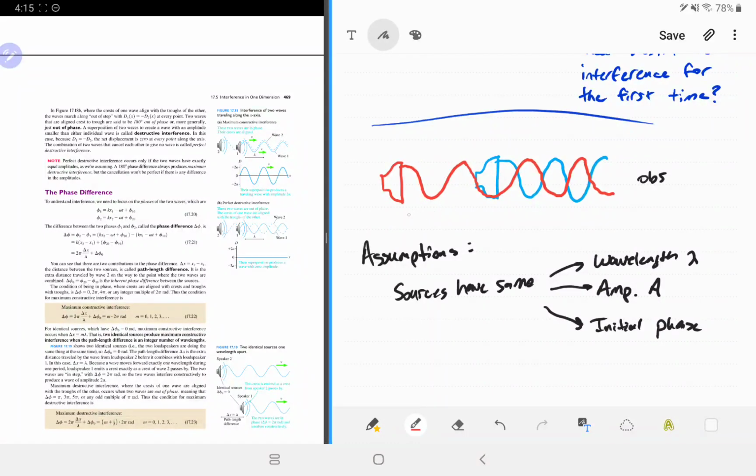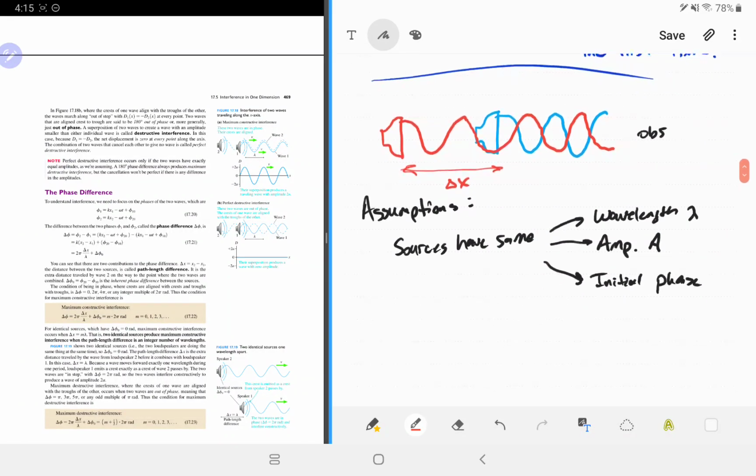So for this picture in particular, the speakers are off by a certain distance that makes the sound waves destructively interfere. Whether the waves constructively or destructively interfere depends on this quantity right here, which is called the path length difference.